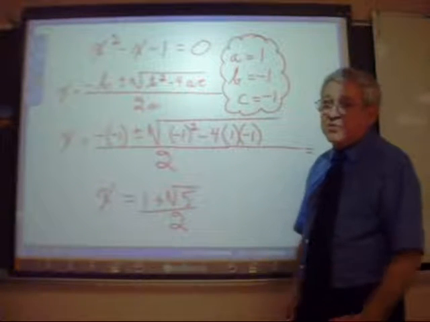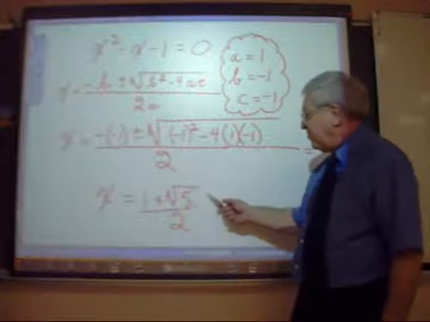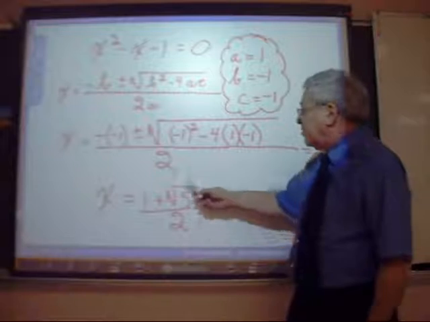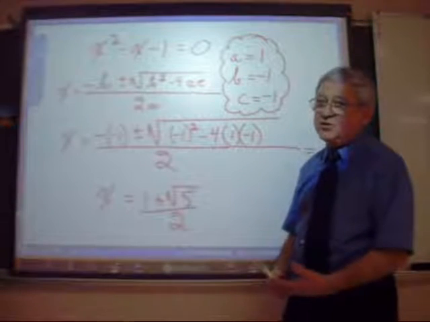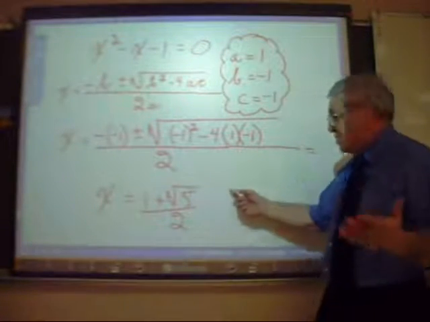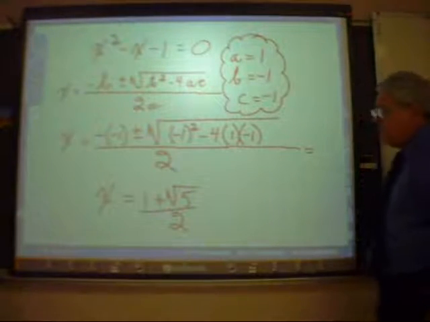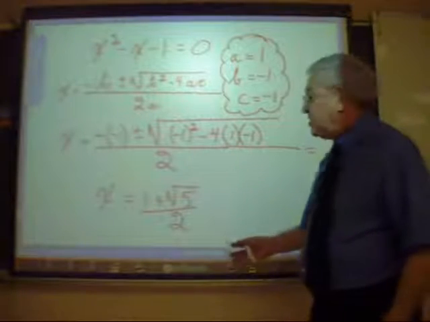So here's what we really have. x is equal to 1 plus the square root of 5, divided by 2. We're going to ignore the minus part here. We want the positive solution to give us the golden ratio. So x is 1 plus the square root of 5, divided by 2. Now you can simply evaluate this with a calculator.